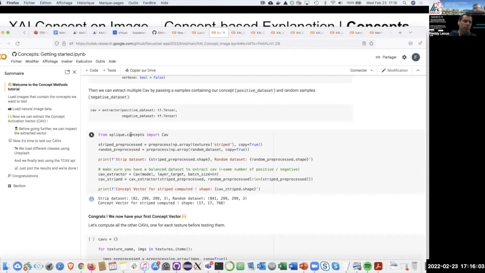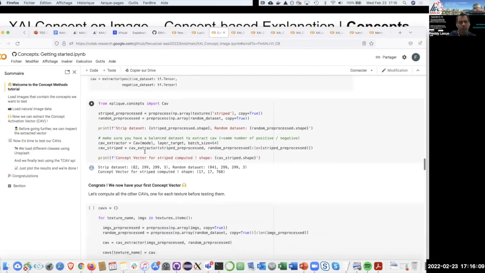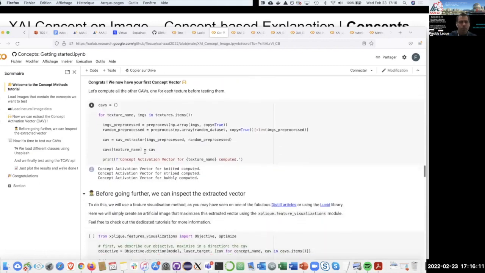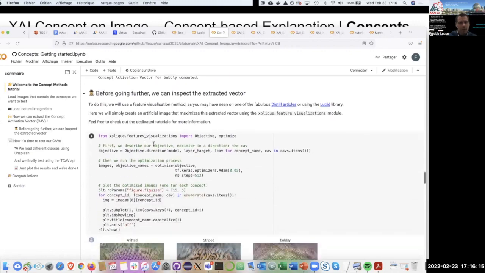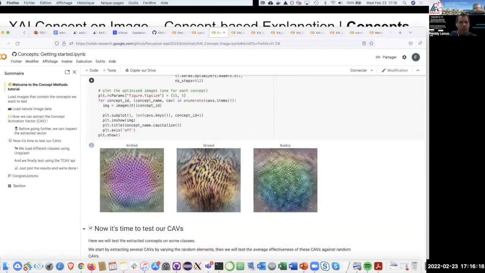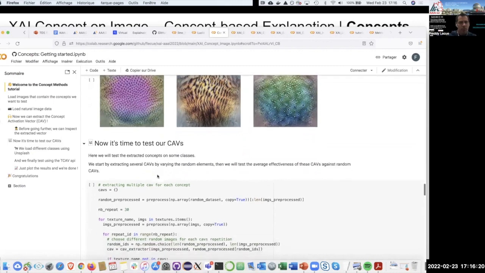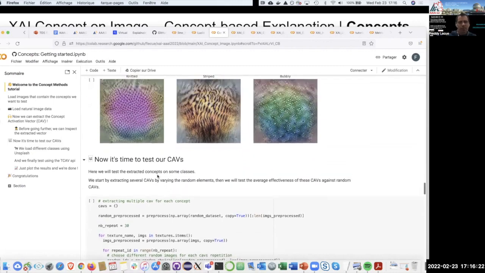So earlier I mentioned the Facebook Captum. You also have the Xplique one now, with other techniques, much more attribution based though. And then you see the feature visualization. So you can see and visualize the features in the Lucid way.